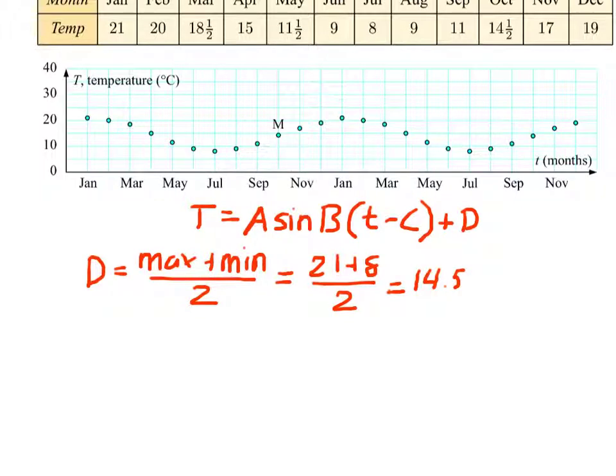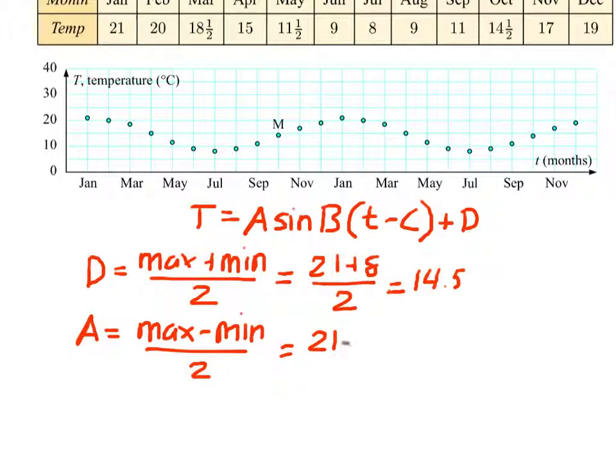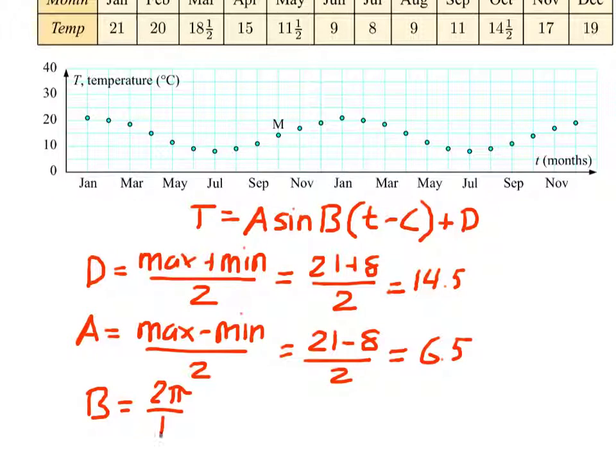A is going to be max minus min over 2. So that's going to be 21 minus 8 over 2, and that's equal to 6.5. Remember that we have an equation for B. B is equal to 2 pi over P, where P is the period.